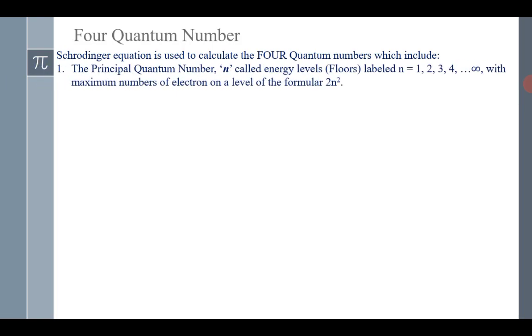The first one, the principal quantum number, small n, called energy level, like we have said, represents the floors of our hostel, and they are labeled n equals 1, 2, 3, 4, meaning first level, 1, second, 2, third, 3, and so on and so forth to infinity. And this is the most important quantum number, where all other ones are able to take their values from.